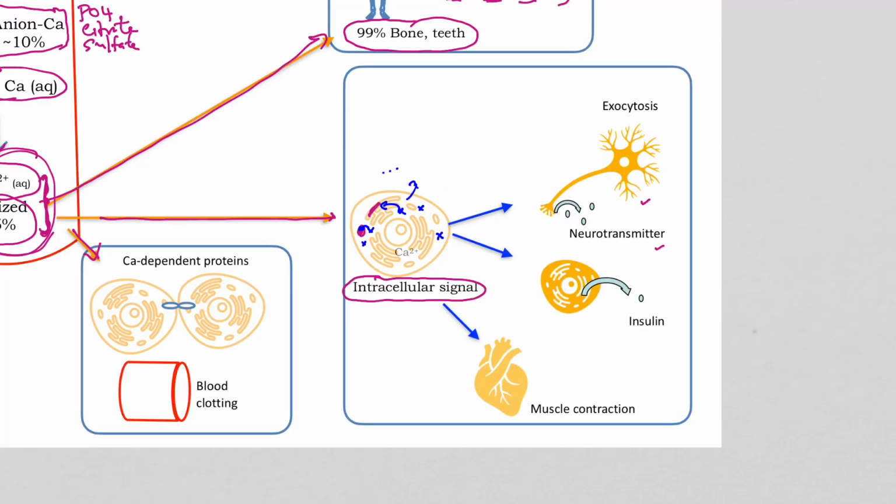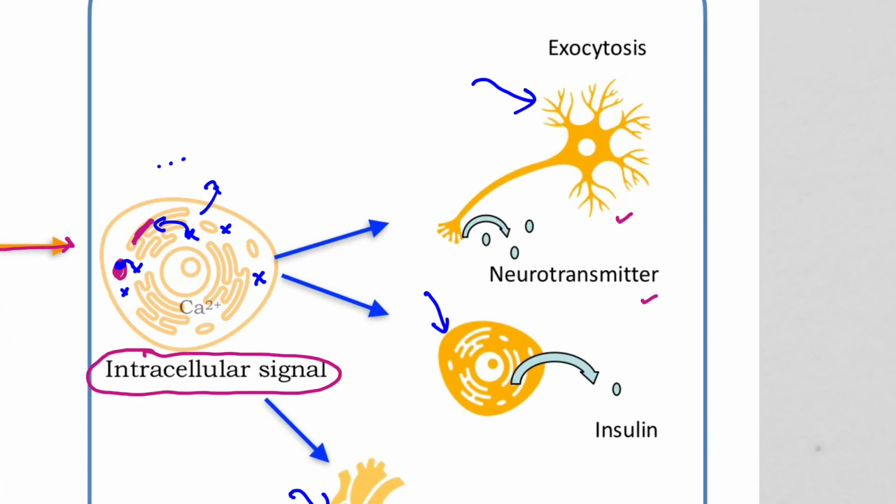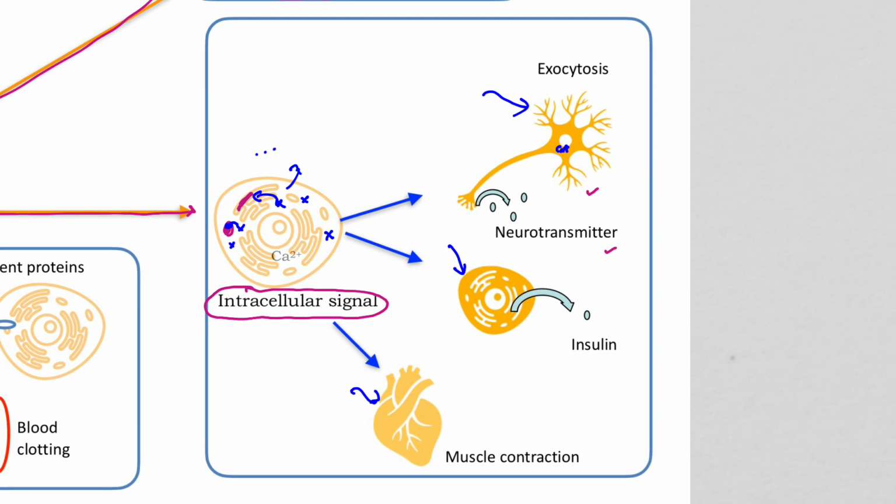However, once a cell is stimulated, for example, if it's a nerve cell and an action potential arrives, or an insulin secreting cell is activated, or a muscle cell is activated, then one of the things we see is the calcium concentration in the cytoplasm starts increasing. And that leads to all kinds of things happening in the cell.